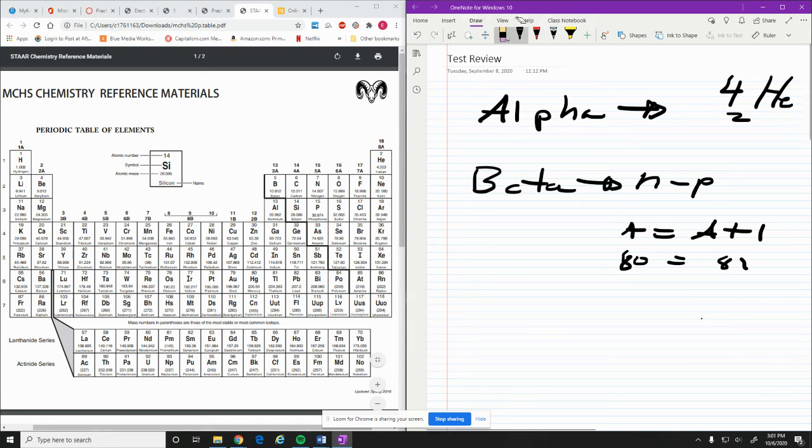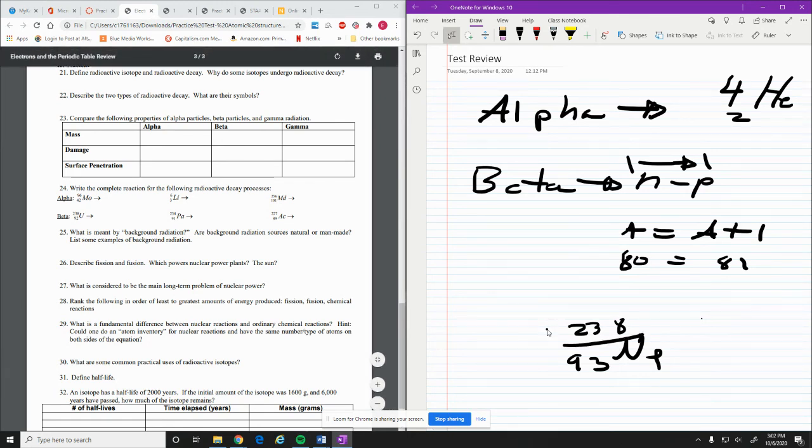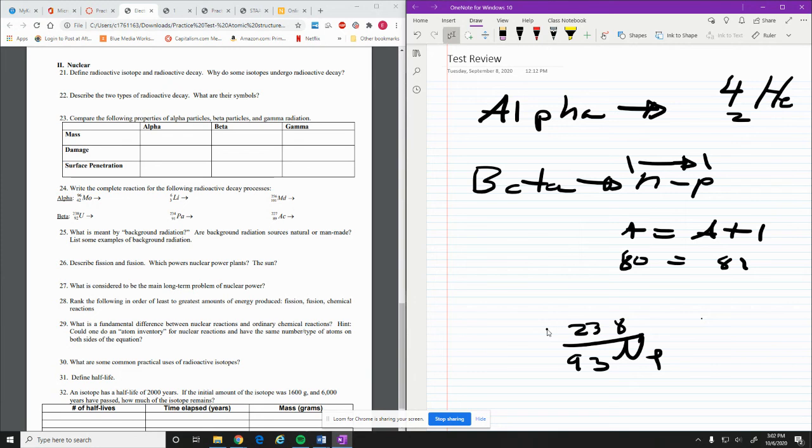All you have to do is make sure that you got NP 93 and a neutron turning into a proton. They both weigh 1, so your mass stays the exact same. If this has a mass of 238, your mass stays the same. All right, guys, we got 2 more, and then we're done with all of this.